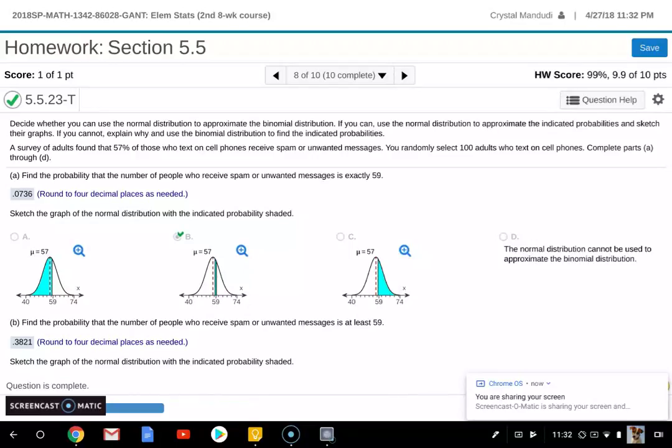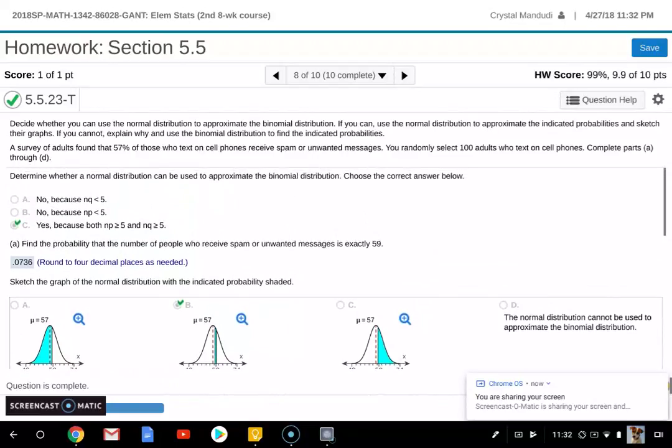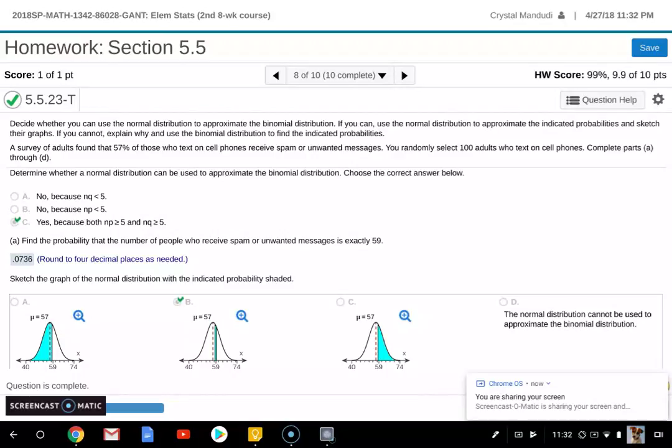The first thing in this question is to determine whether a normal distribution can be used to approximate the binomial distribution, and choose the correct answer. First, we have to get the facts. So n equals 100, and the percentage is 57, or 0.57 in decimal form, and then q is 1 minus p, which is 0.43.